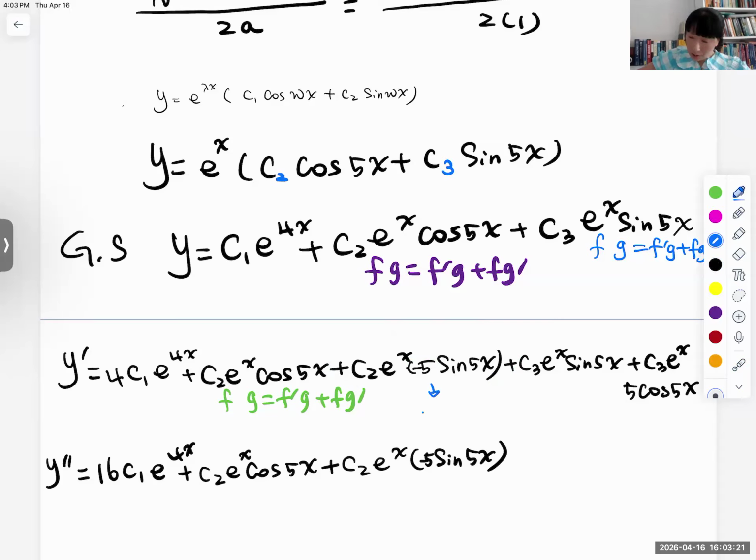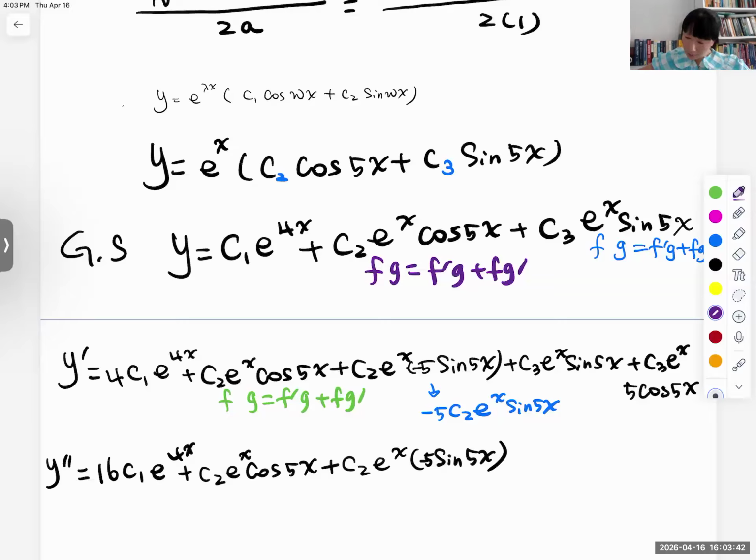So there will be negative 5 c sub 2 e to the x sine 5x, yeah? Okay, so once again, product rule. So f g, I don't have to write down, right? So we knew that.